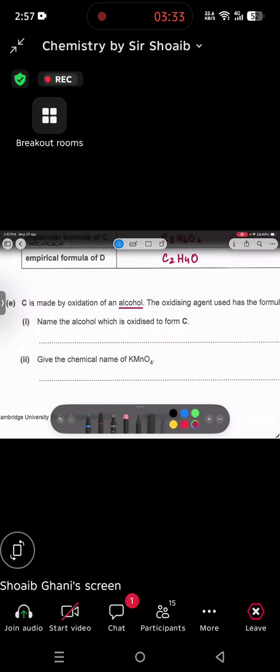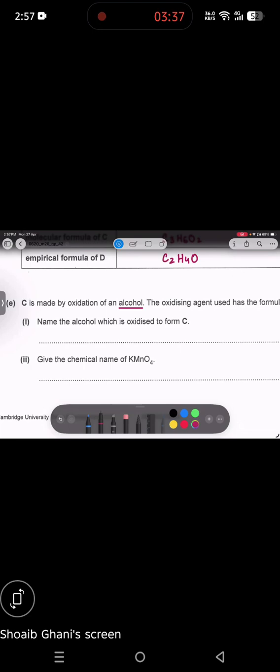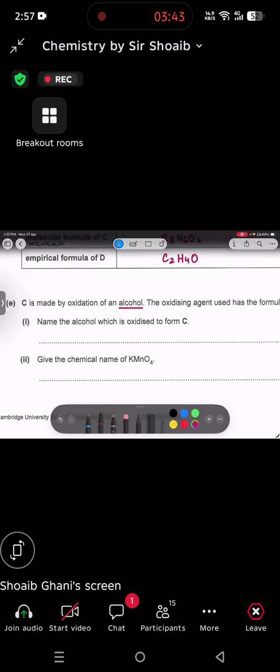C is made by the oxidation of alcohol. There are two processes of oxidation of alcohol: one is using an oxidizing agent, and the other is with the atmosphere.